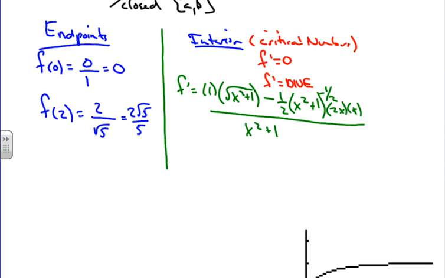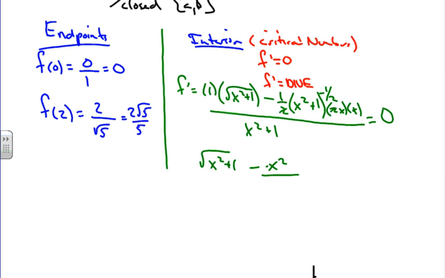And now we want to figure out where this equals 0. When this equals 0, we need to figure out when the numerator equals 0. So we have to simplify this function. I'm going to rewrite some things. In the numerator, we can see that this 2 and this 2 cancel out, and then we'll have minus x squared over the square root of x squared plus 1.